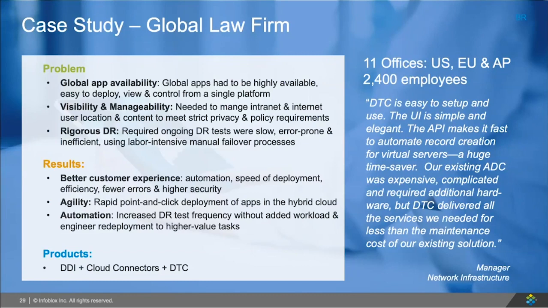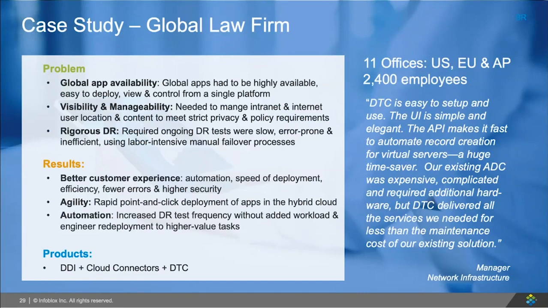They were also able to improve their efficiency because they used a script to create the DTC records, which was pretty substantial in terms of labor savings. And then, of course, they were able to use an API to automate the IP assignment and DNS record creation. And it really improved their visibility.